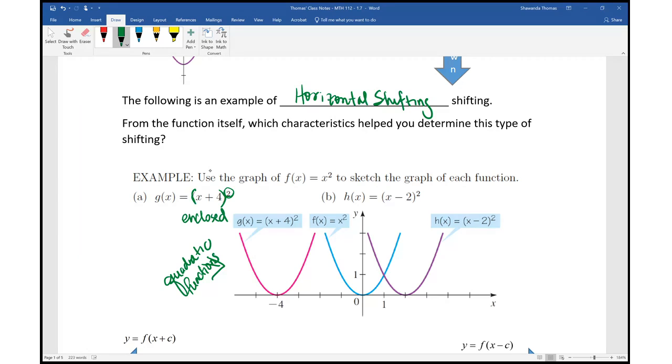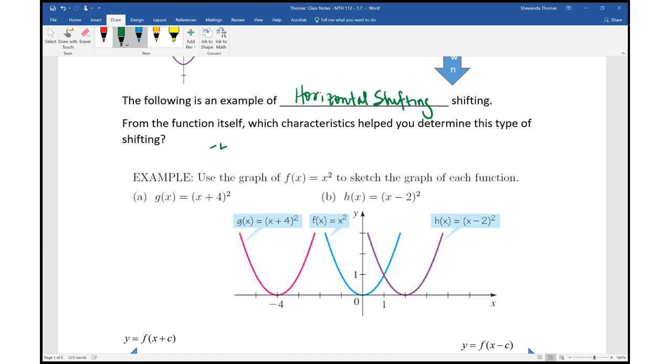When I say enclosed, it could have been the absolute value. The x plus 4 could have been enclosed in absolute value symbols, or it could have been enclosed under a square root. That would be the square root function. So different shapes, but notice that it's enclosed in something. That is horizontal shifting. Now, horizontal shifting does the opposite of what you think it's supposed to do.